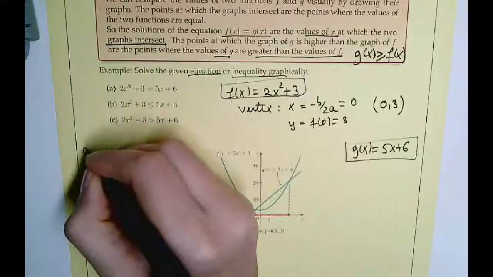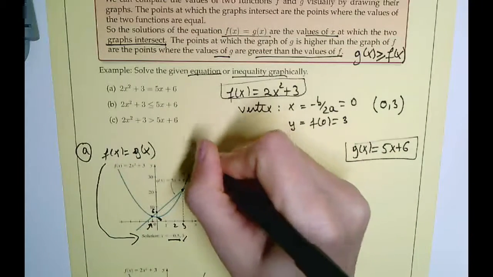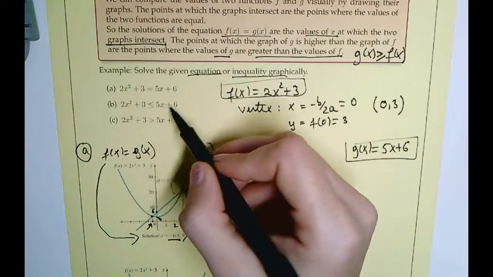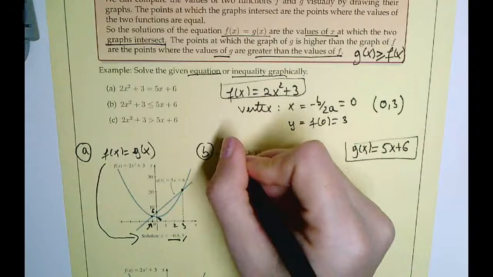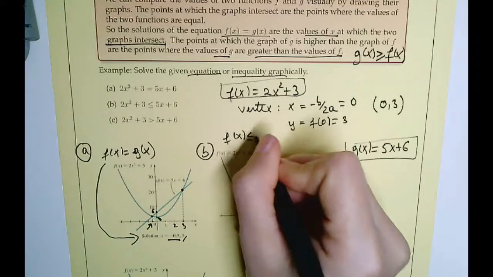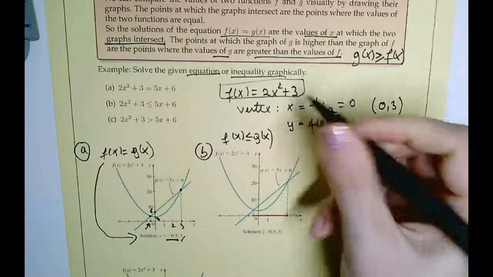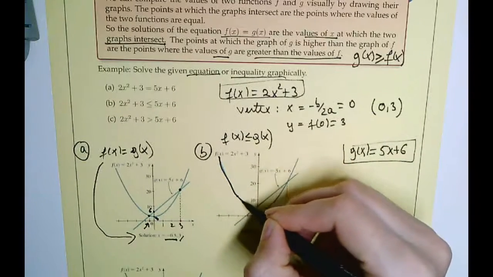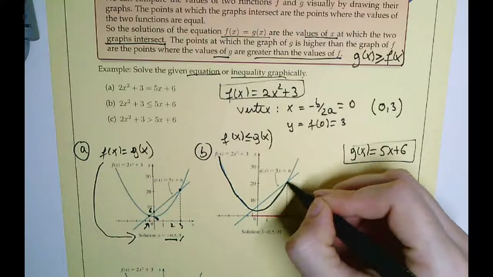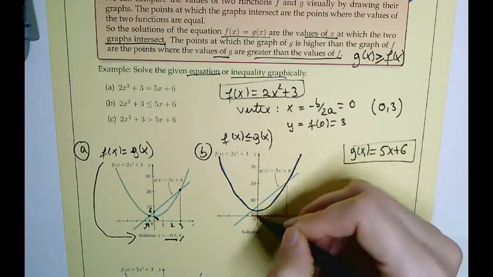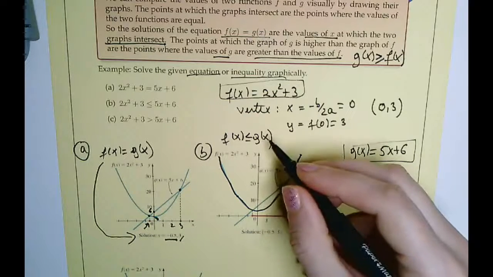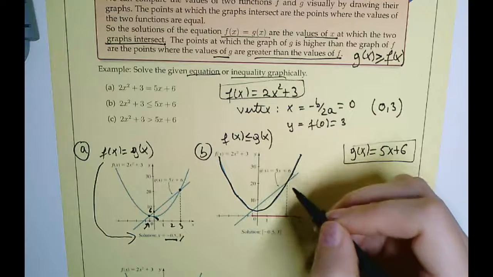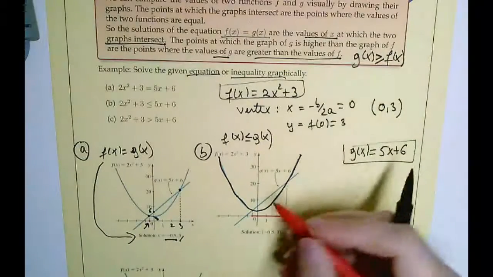Now, if I wanted to solve the inequality 2x squared plus 3 less than or equal to 5x plus 6, I'm actually trying to solve f of x less than or equal to g of x. So basically, looking at the function f of x right here, I want to see where the graph of the function f is below the graph of function g.